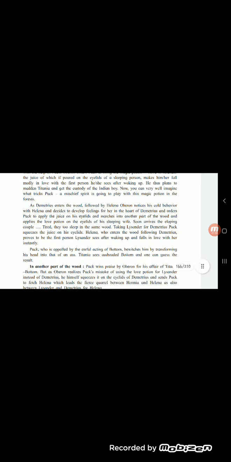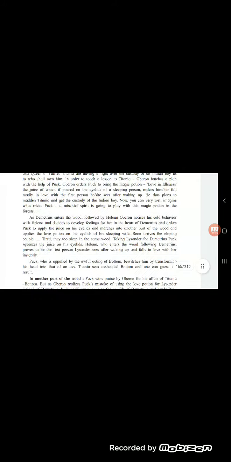Oberon sees the couple and he sees that the young lady is already interested in this gentleman, but the gentleman is not paying attention, he is very cold. He does not show any kind of affection to the lady. So what does he decide? That he is going to use that flower, love in idleness, to make Demetrius fall in love with Helena.